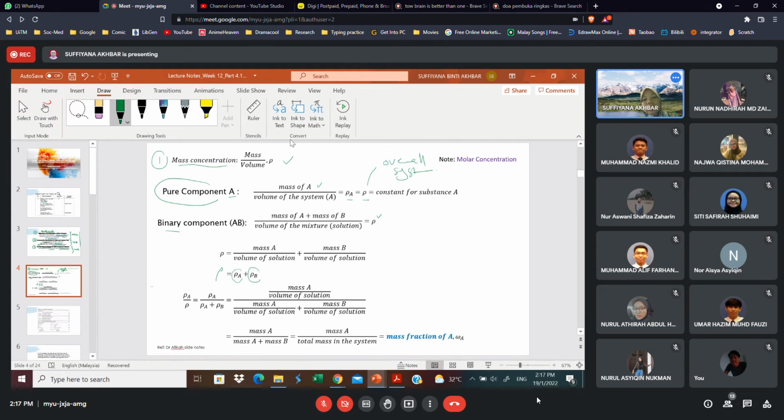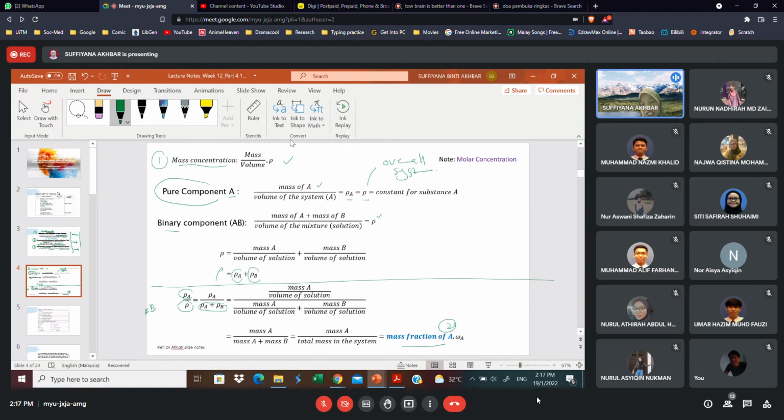Okay, and then the second term that we need to know is the mass fraction. So mass fraction omega A is equal to the mass concentration of component A divided by the total mass concentration. For example, for binary system A and B, density A divided by density A plus density B, which is the total.